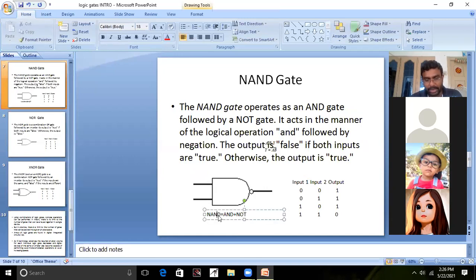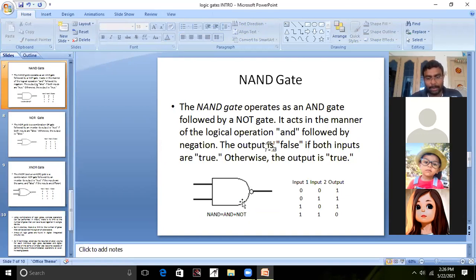That's why I have written here NAND is equal to AND plus NOT. Guys, if there is no bubble here, this is nothing but an AND gate. And by adding a bubble at the output terminal of the AND gate, you're going to get a NAND gate.